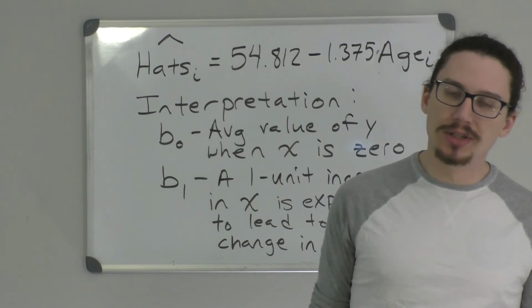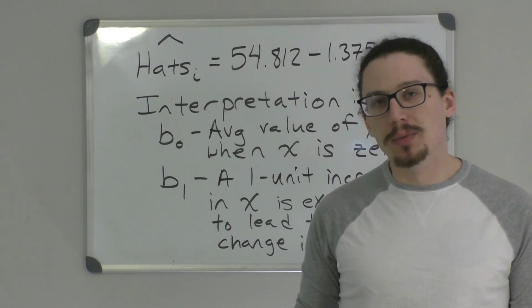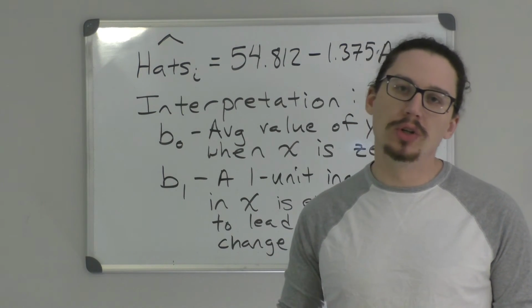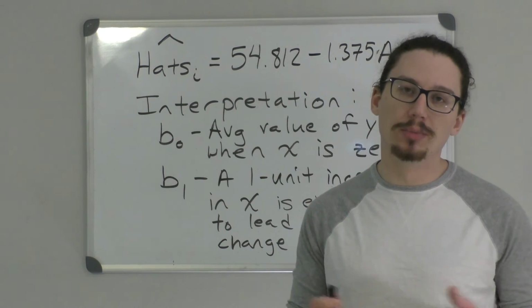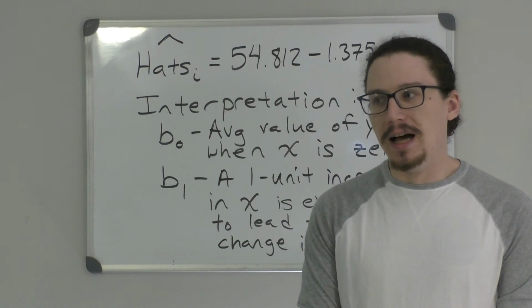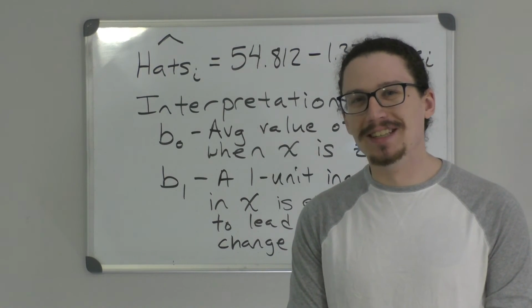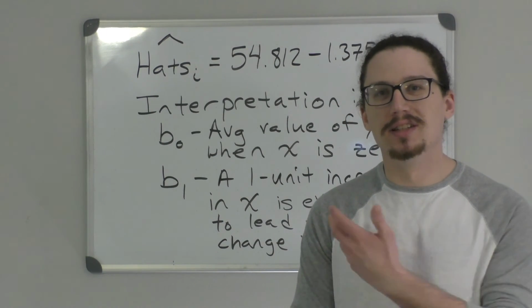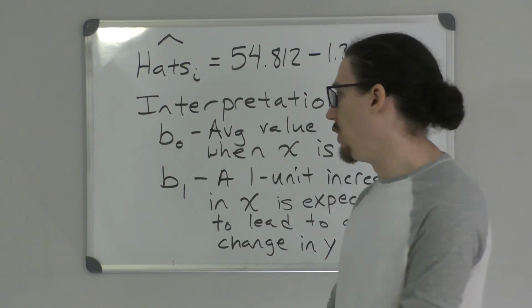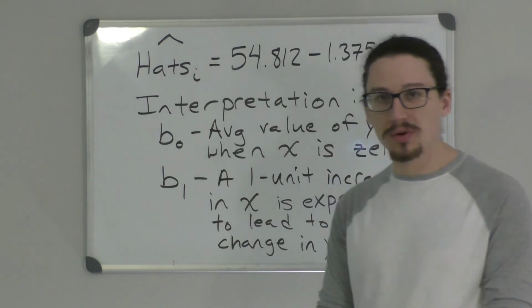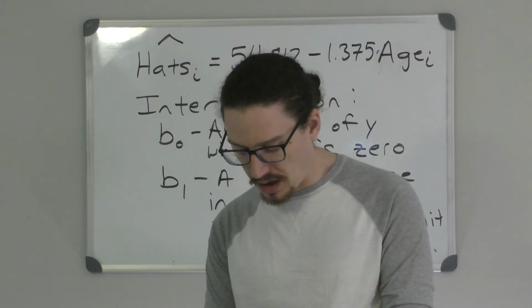It's not going to be that interesting in a lot of cases, especially when we get into the next chapter where we're looking at multiple regression, where we have multiple independent variables. It doesn't make sense and it doesn't really tell you anything. So really the focus here is going to be on B1, but just for the sake of us going through it, we will interpret B naught.